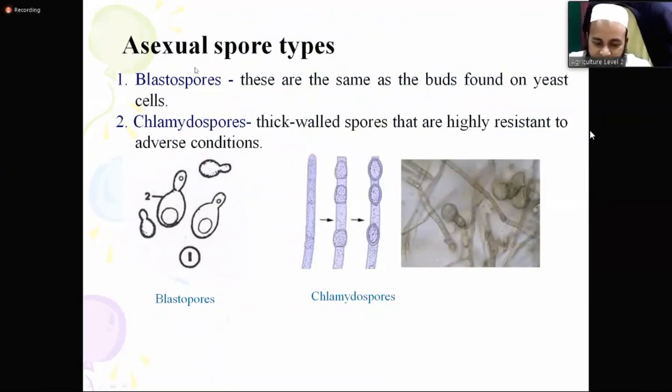Asexual spore type. Number one spore type is blastospore. What is blastospore? Blast, like a bomb blast, means some energy is needed. In the case of a single-cell fungus, how do they produce another cell?